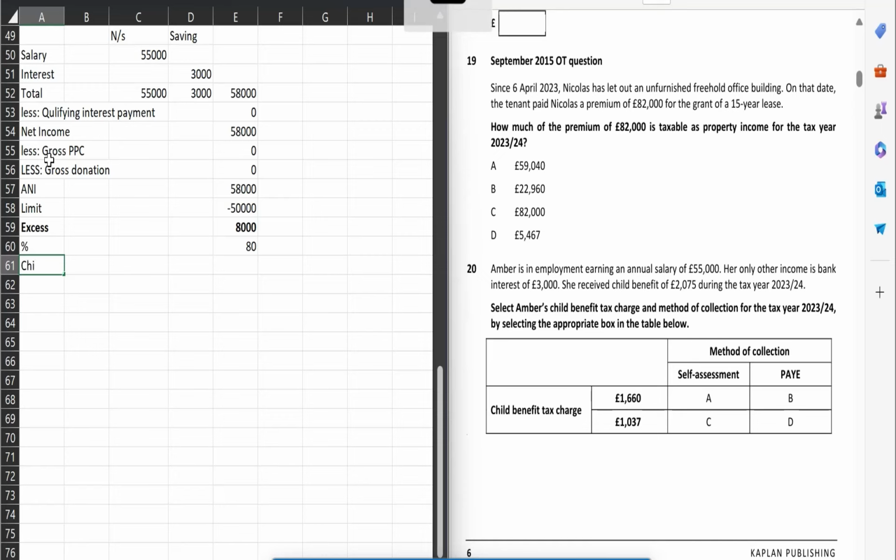So the child benefit charge is equal to 80% of the 2,075 child benefit received. It means the child benefit tax charge is 1,660, and it will be assessed through self assessment, not through the pay. So in this video we will do up to 20. In the next video we will move ahead.